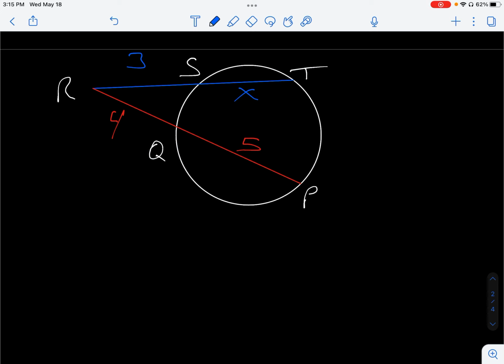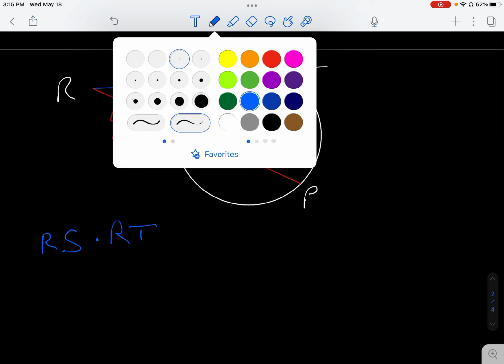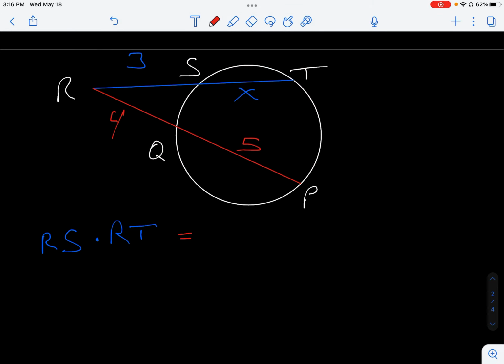All right, so here we have two secant segments, RT and RP, that meet at point R. So that means that our external segment RS times RT, our entire segment, is going to be equal to RQ times RP, our entire segment.